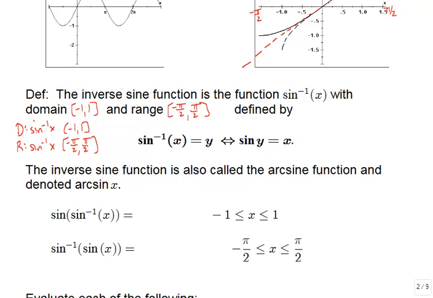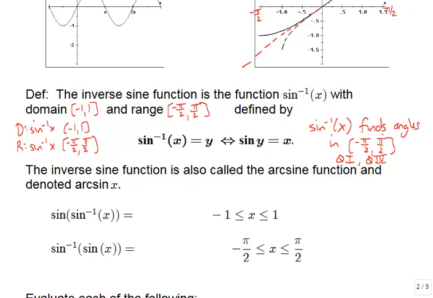What I want you to remember, and this is very, very important, is that the inverse sine function finds angles just in this range, -π/2 to π/2. And think about what range that is. That's quadrant 1 for those positive angles and quadrant 4 for those negative angles.